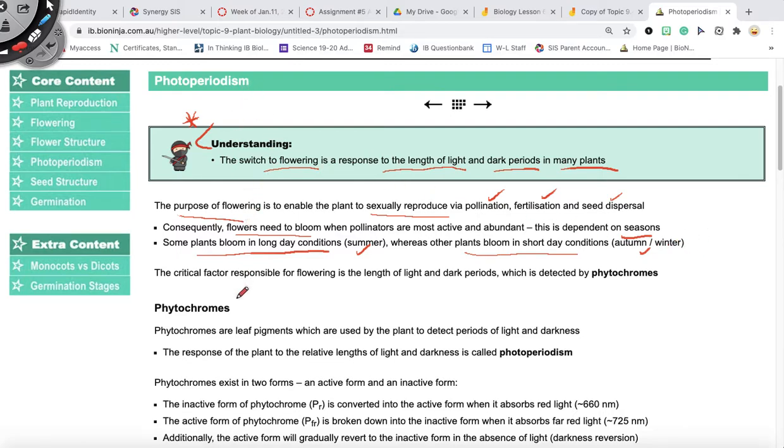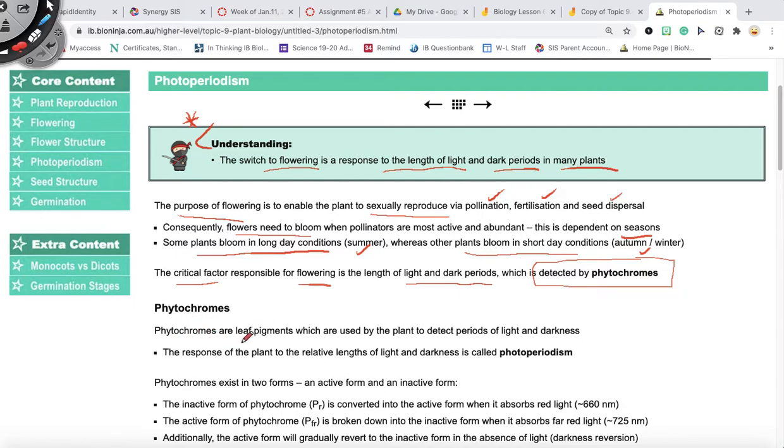So the critical factor responsible for flowering is the length of light and dark periods, and this is what we call photoperiodism. This length of light and dark period is detected by leaf pigments called phytochromes.